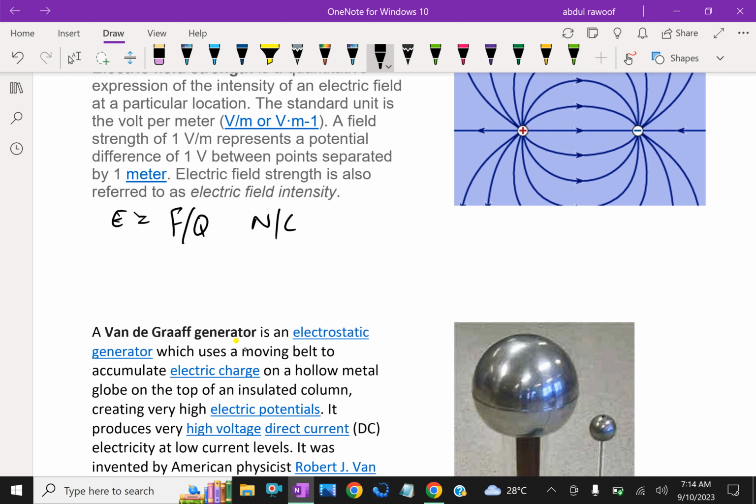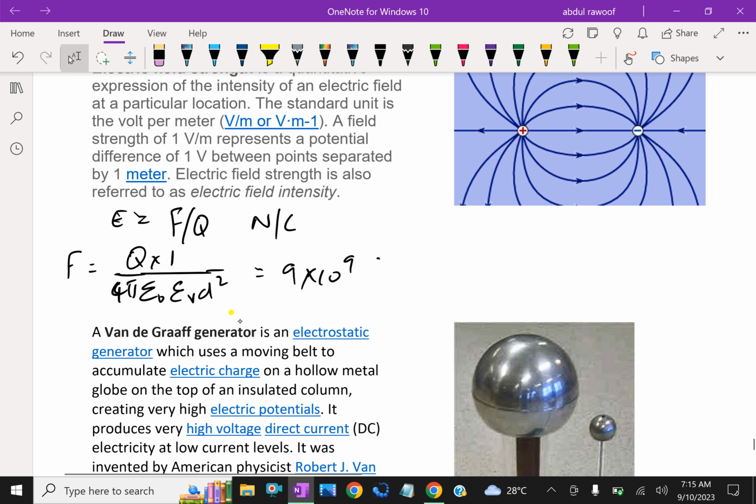Now, F is further expressed as Q into 1 over 4 pi epsilon 0 epsilon r d square, which is equal to 9 into 10 power 9 Q over epsilon r d square.